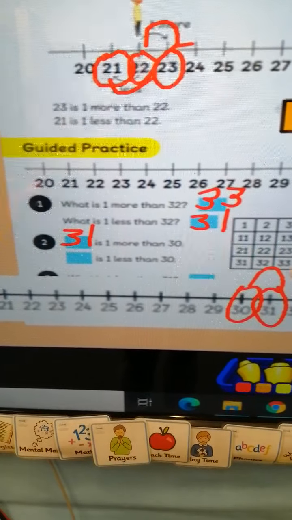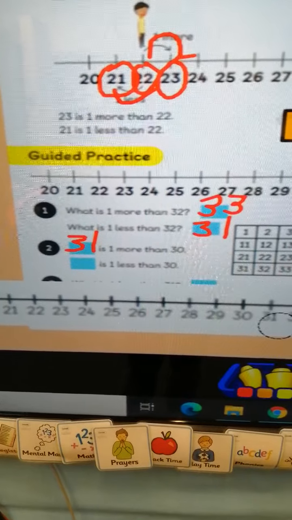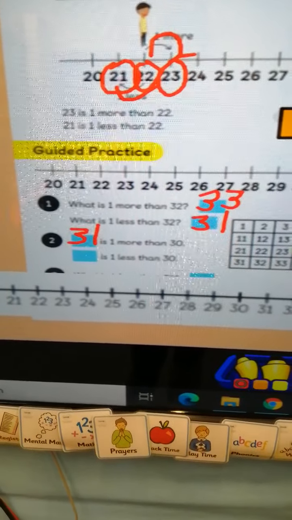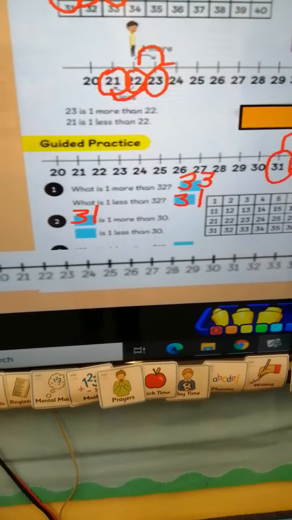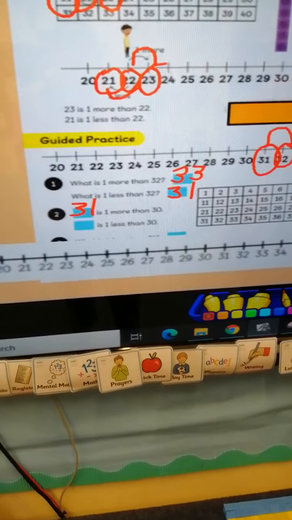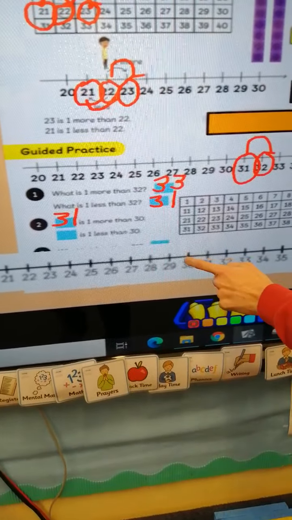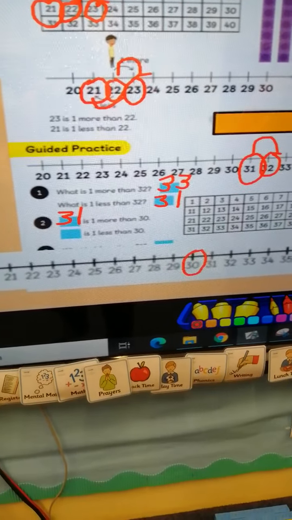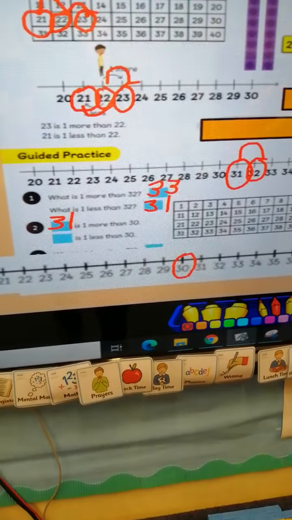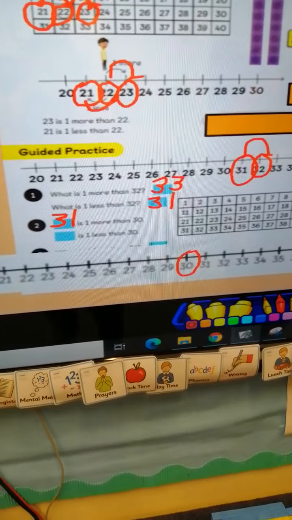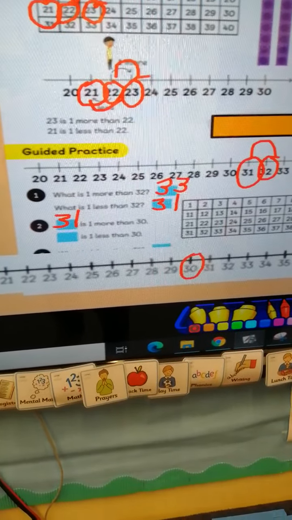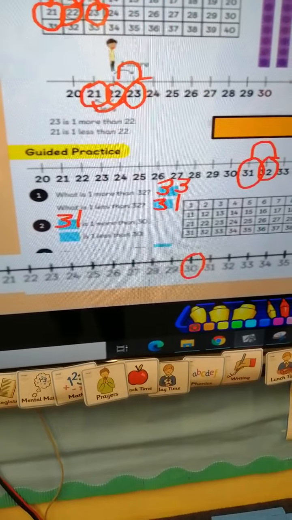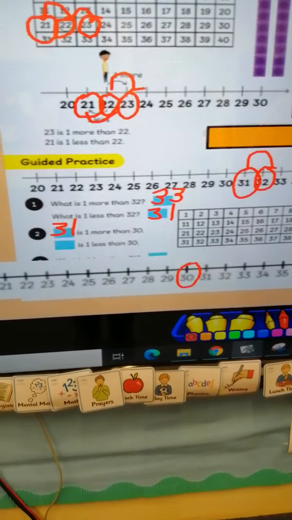Fantastic. Now the next question asks us, what is 1 less than 30? 1 less than 30. What number do I start with? That's right, I'm going to start with the number 30. Now it says 1 less than. Which way do we jump for less than? Yep, you're right, we're going to jump down our number line because our number's going to get smaller. How many jumps for 1 less than?